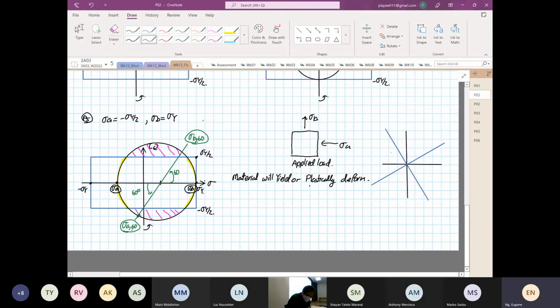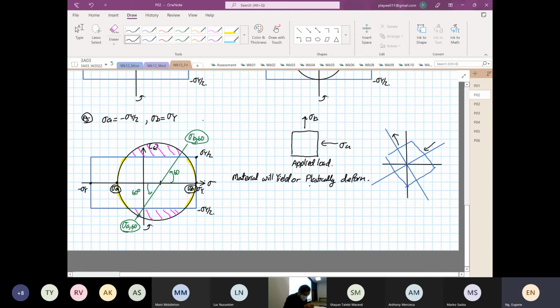And when the element is at this stage now, right? Anti-clockwise. So what we will see now is the element is still going to see compression. Okay, the other side is tension, right?